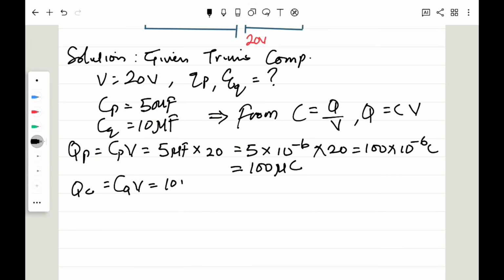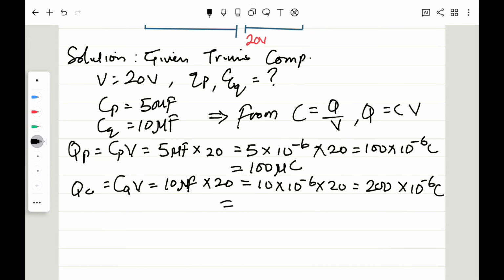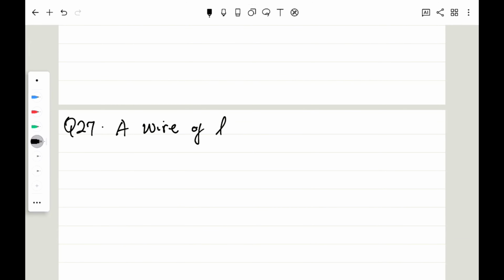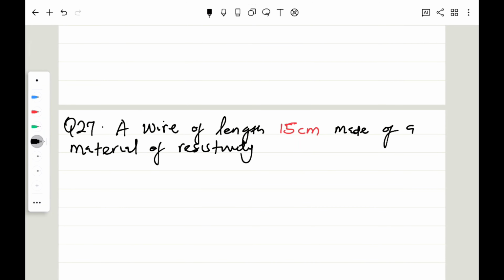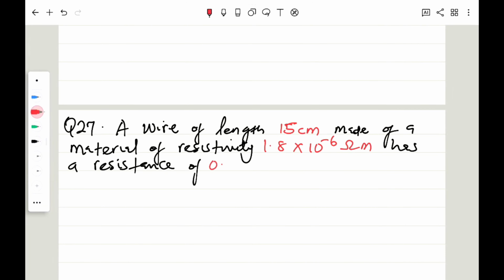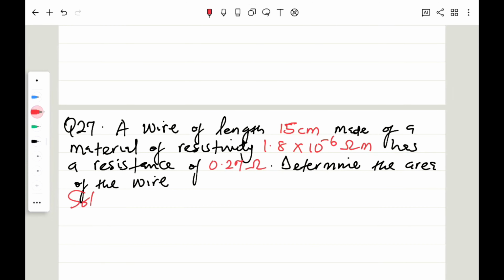Then Q of Q is equal to C of Q V and is equal to 10 microfarad times 20 and is equal to 10 times 10 raised to minus 6 times 20 is equal to 200 times 10 raised to minus 6 coulomb and is equal to 200 microcoulomb. So this gives us our Q of P and our Q of Q.